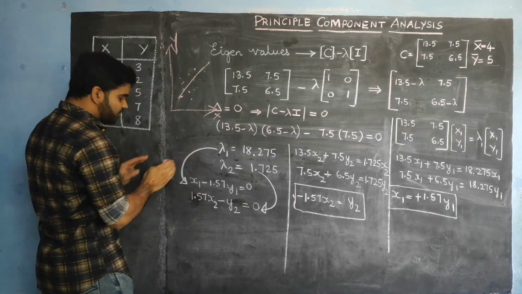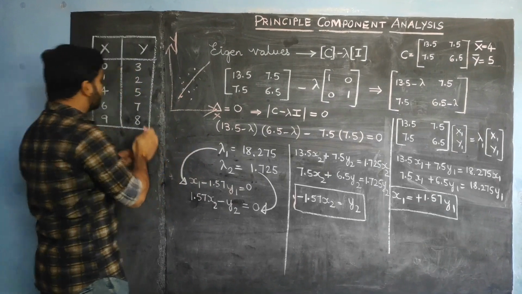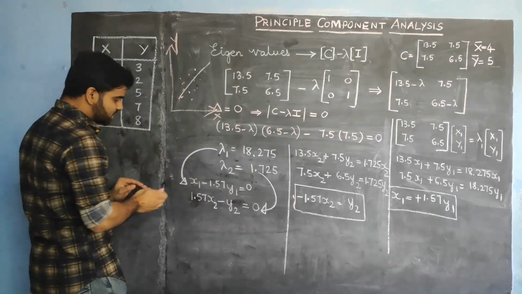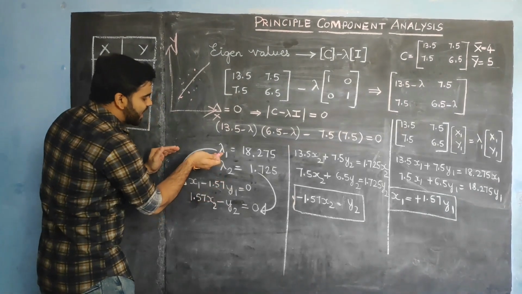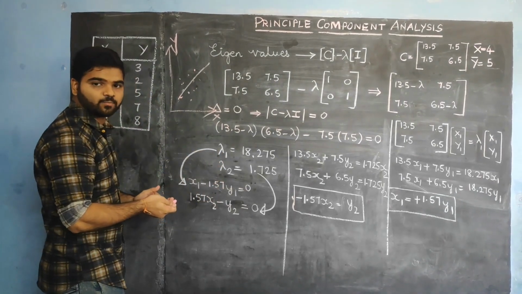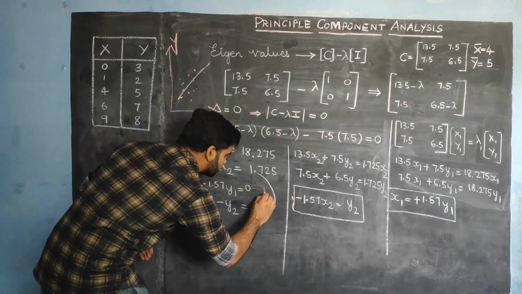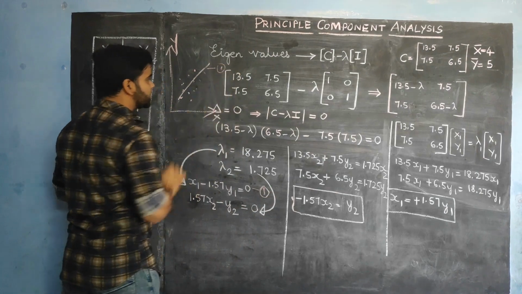Now we can say that this line is the best fit model for this data, because as I told you earlier, the vector which has the highest eigenvalue will have the highest priority. So this will be 1, and let us assume that this is also 1.